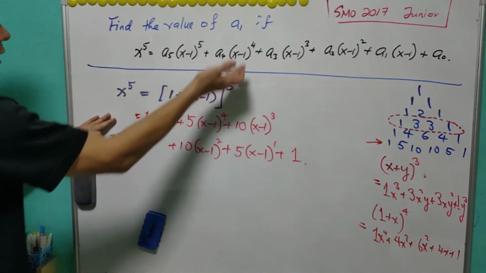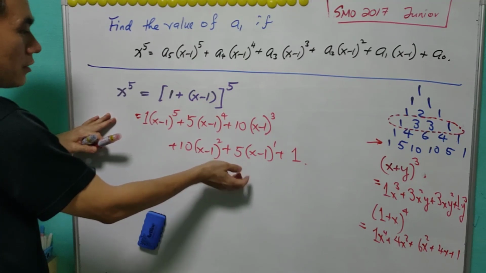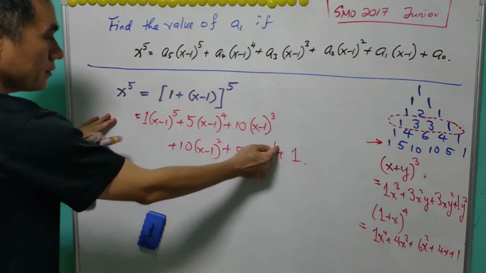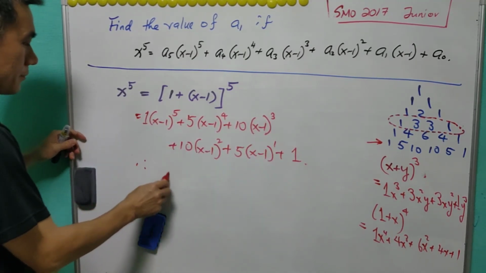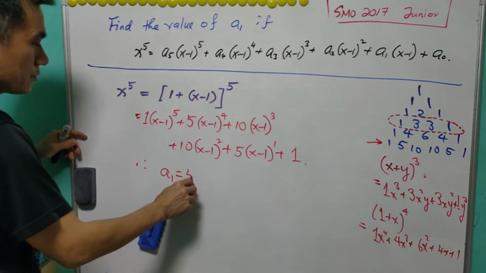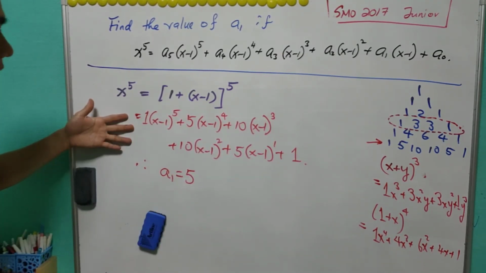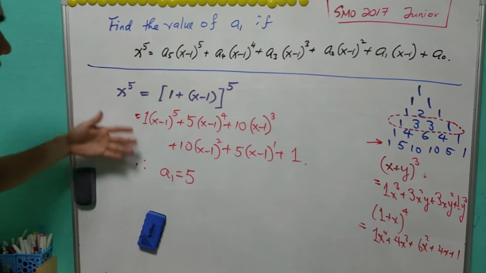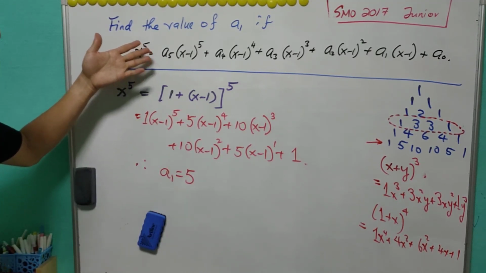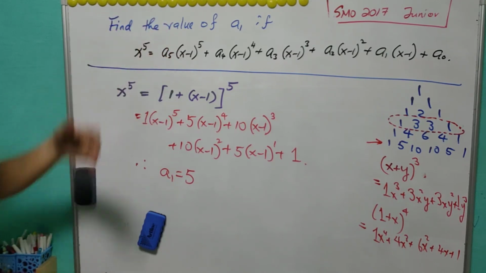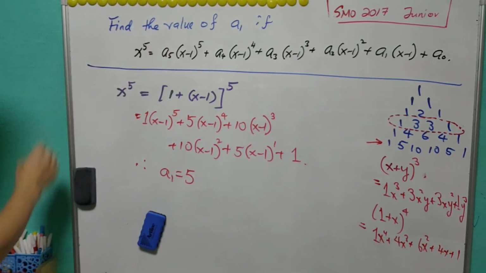With this, we can compare the coefficient of (x-1)^1, that is a1, which is equal to 5. By expressing x^5 in this form, we know not only a1 but all of a5, a4, a3, a2 and a0. This is the first method.